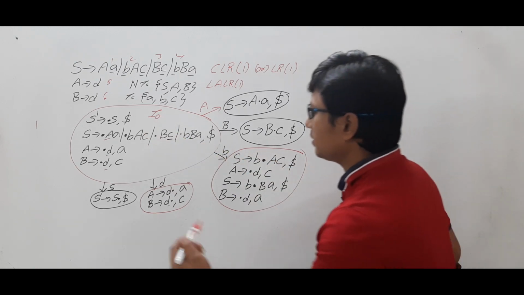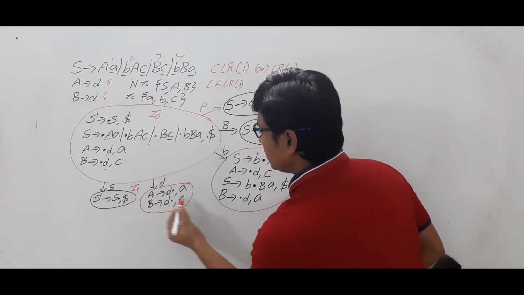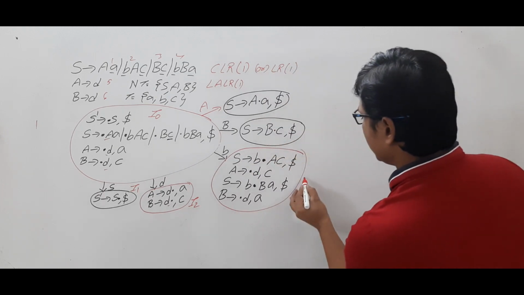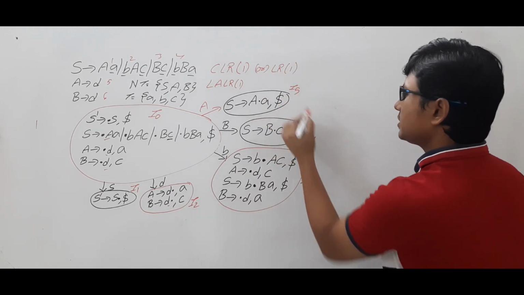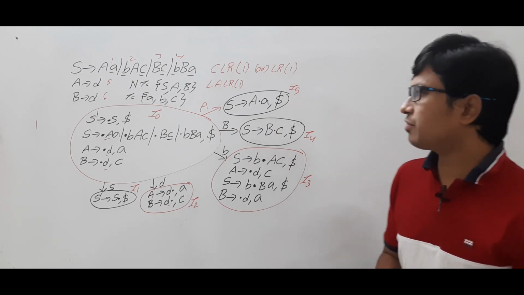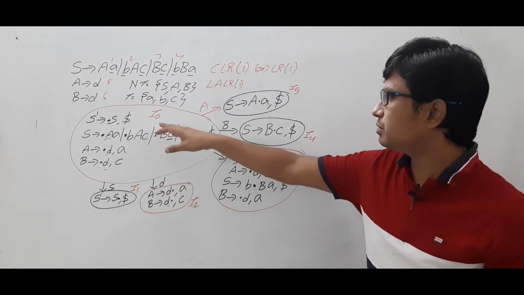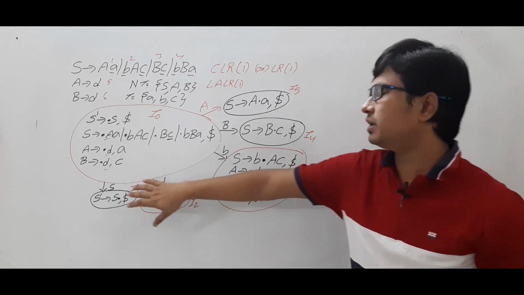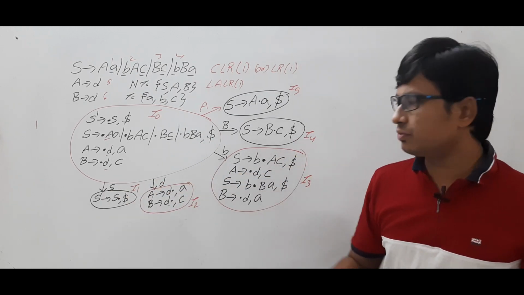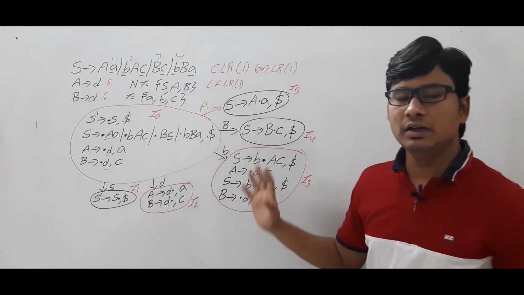So let me write them as I1, I2, I3, I4, I5. See, you can ask me, sir, from several videos, after I0 you started I1 here, I2 here, I3 here, I4 here, I5 here. It is up to your wish. Anything you can write for the state numbers.